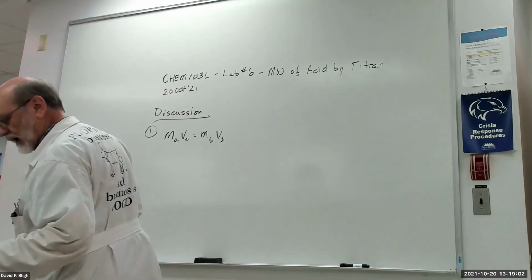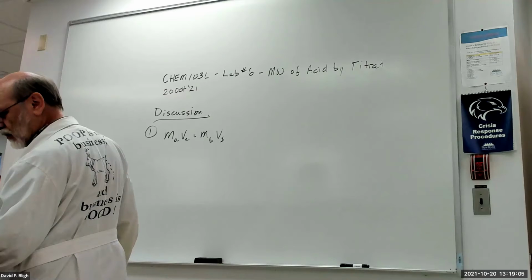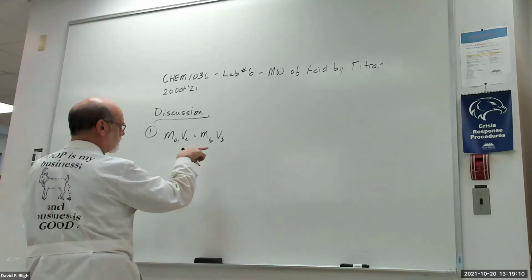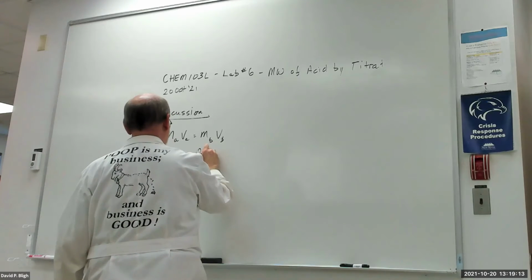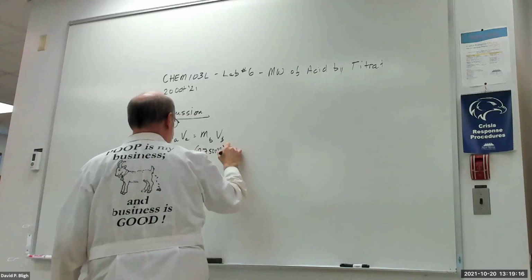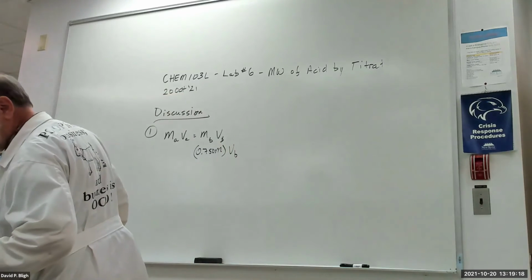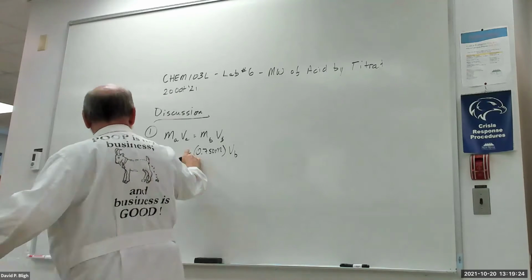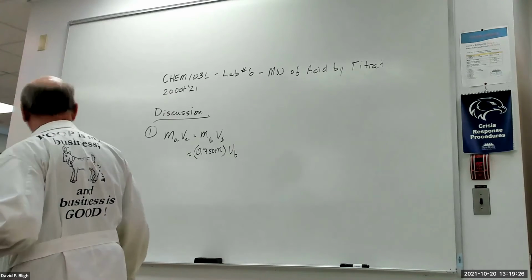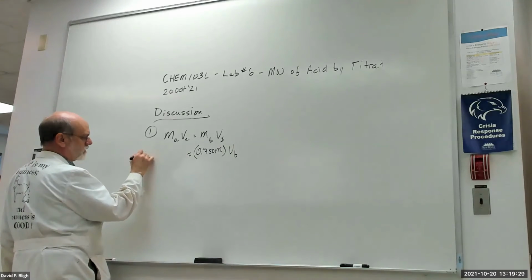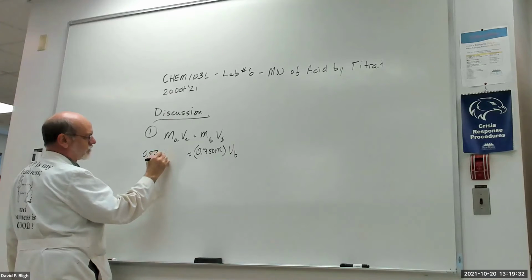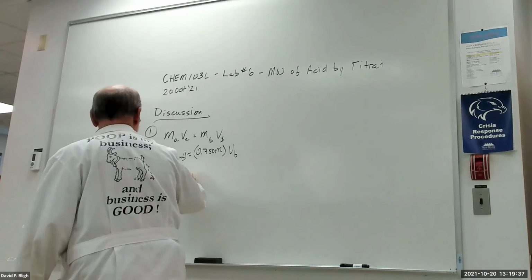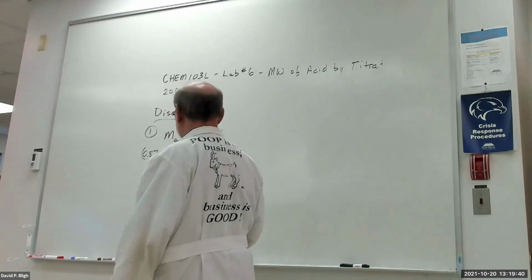So really all we have to do is say 0.75 molar sodium hydroxide. And I think volume of the base is the unknown. Yeah, the volume of the base required to titrate with 25 milliliters of 0.873. There you go. So you just solve for V, for the volume of the base.